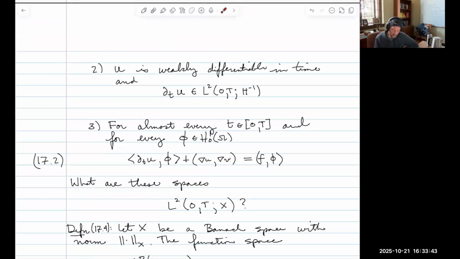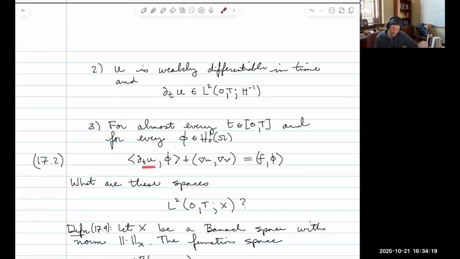And finally, for almost every t in this interval, 0 to T, and for every test function phi in H01, it holds that the partial t of u, the time derivative, against v. You can think, at first, about this as an inner product, but it's not really. It's a dual pairing. That's because du/dt has its spatial component in H minus 1, and that means it's a functional.